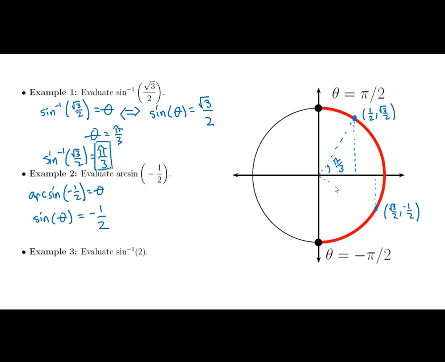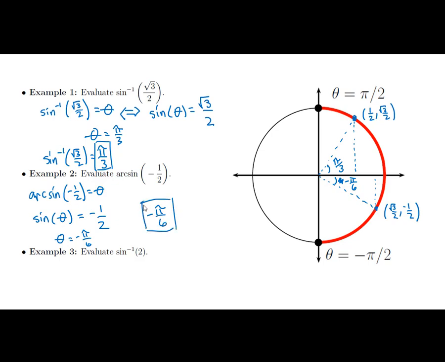But let's see, what angle is that? We recognize that as the angle, not 11, excuse me, negative pi over 6. I almost caught myself doing that there. Yes, that is 11 pi over 6 when you go all the way around, but remember, we're restricting ourselves to go from negative pi over 2 to pi over 2. So that would be negative pi over 6 there. So theta is negative pi over 6. There's our answer.